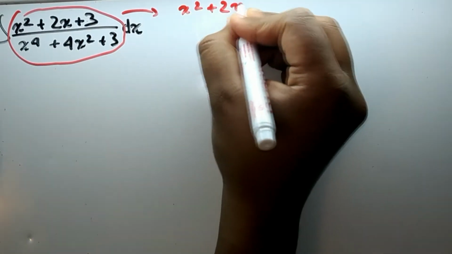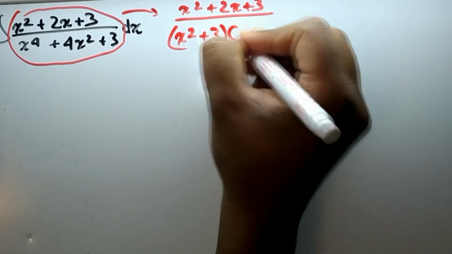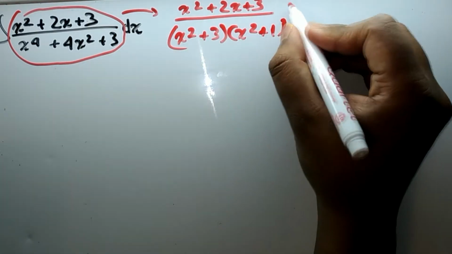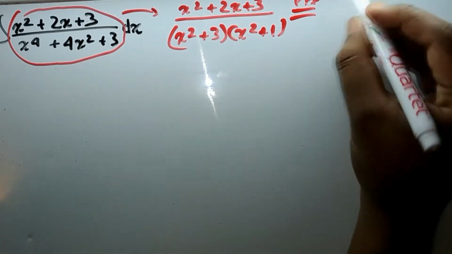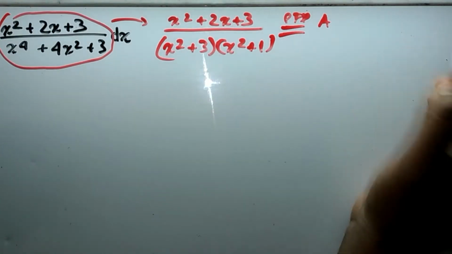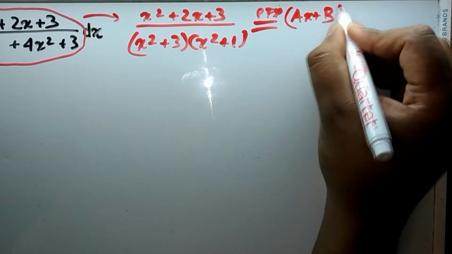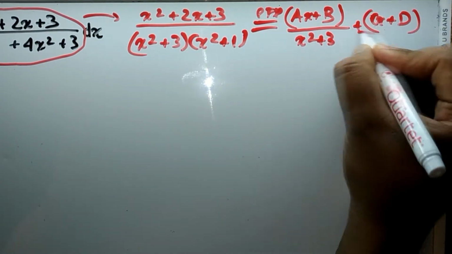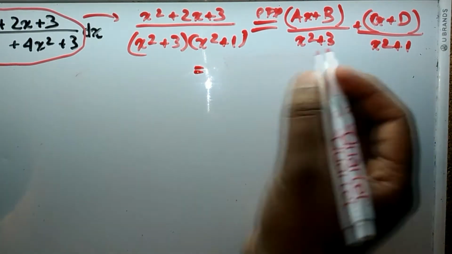So for this one, we're going to have to factor the denominator to get our partial fraction decomposition. The denominator, you can just factor using a similar technique to how you would factor a quadratic. It works here. So we're just going to have (x squared plus 3) times (x squared plus 1). And if you do the partial fraction decomposition of that, well, there's no term to the power of 2, so it's just going to be (ax plus b) over (x squared plus 3), added with (cx plus d) over (x squared plus 1).